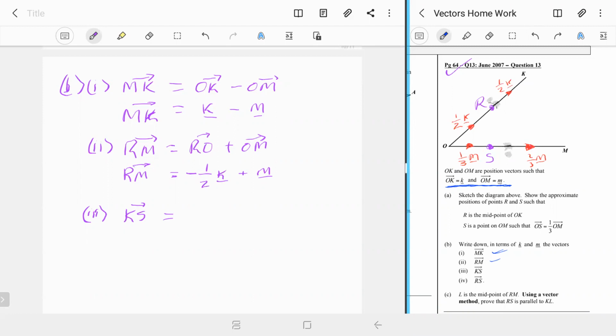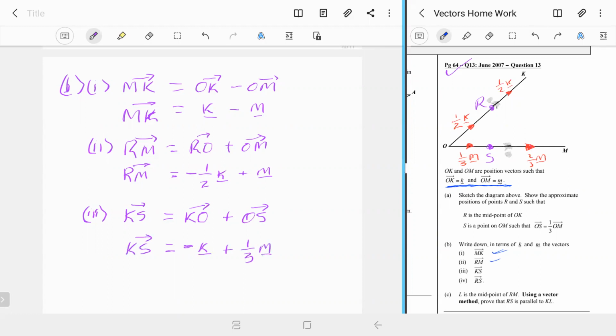You go from K to O, and then O to S. What is K to O? Remember, K was at the beginning. Negative K, so that's minus small k. And OS is what? 1/3 M. Beautiful. Done. That is KS.